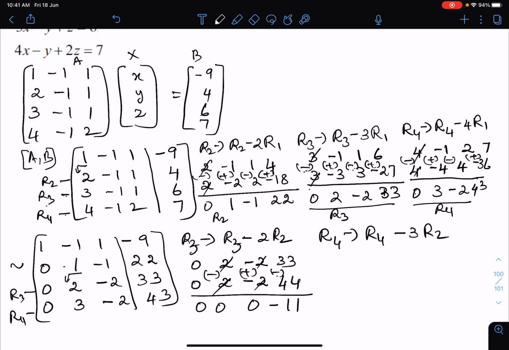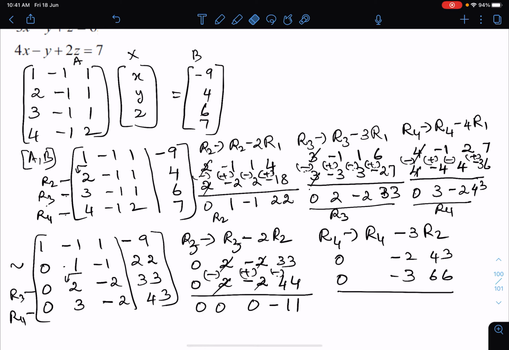Now what about R4? R4 is 0, 3, minus 2 and 43. 3 into R2: 0, 3, minus 3 and 66. Okay, it's correct.